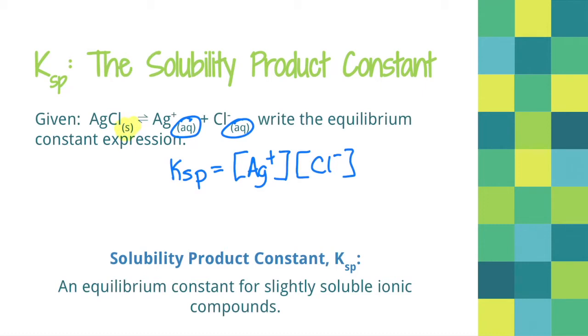But I need you to take note here that our reactant is a solid, so we do not include that in a K expression. It's actually a constant value, so it's taken care of in the constant value alone. So that means that our KSP expression is just our silver ion concentration times our chloride ion concentration.